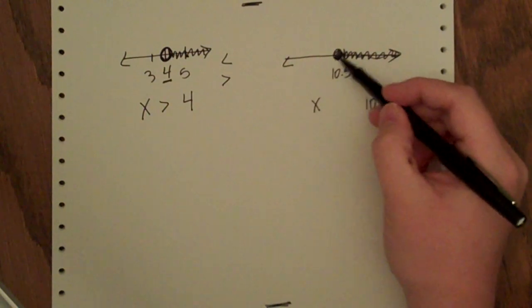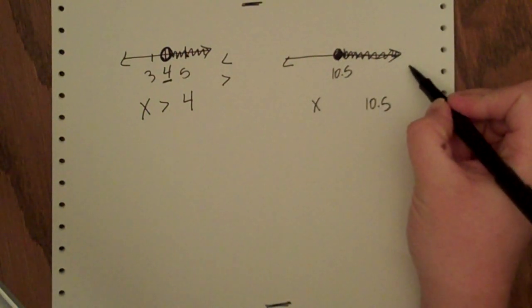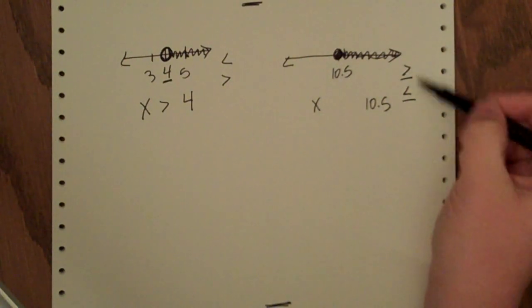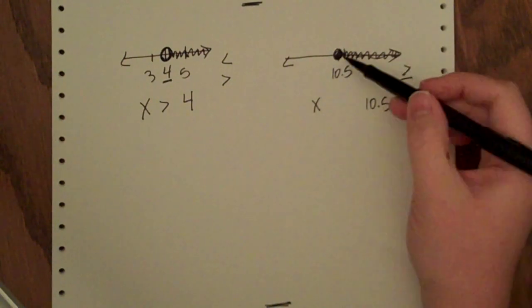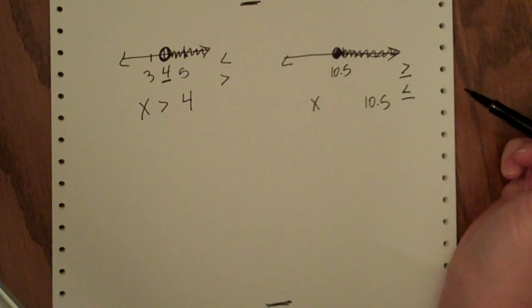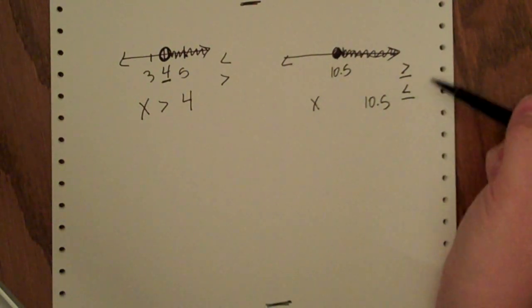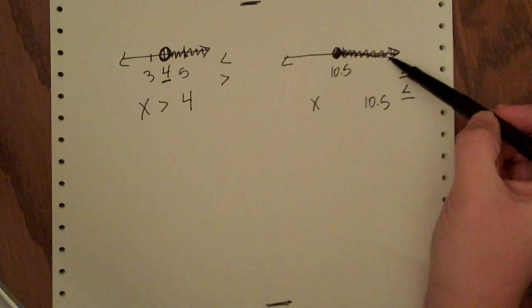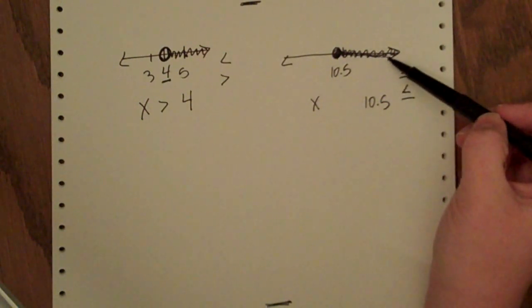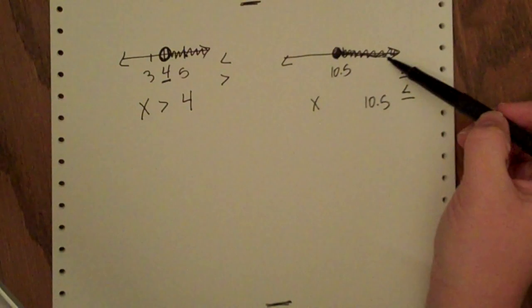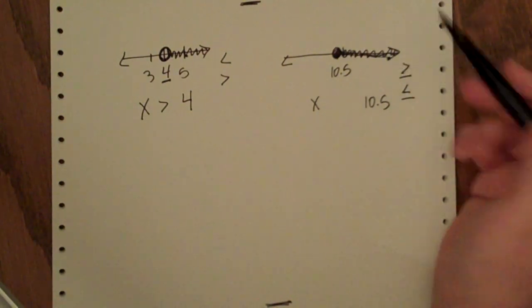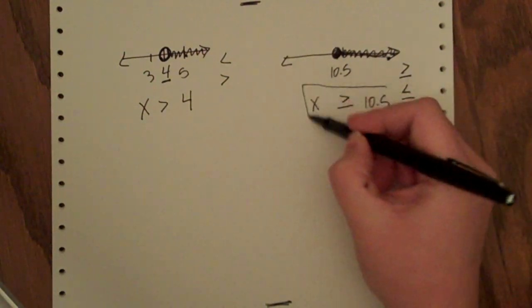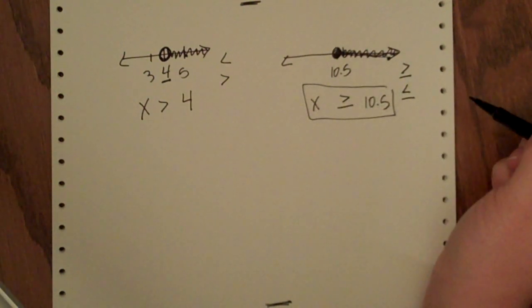Well, in this case, we have a closed dot, so we know we're going to have either a greater than or equal to or a less than or equal to, because those are the two symbols that are represented by a closed dot. To decide which one of these we're going to use, we look at our shading. We're shading to the right, which means these are all the numbers larger than 10.5. So we need a greater than or equal to, and that would be our inequality statement.